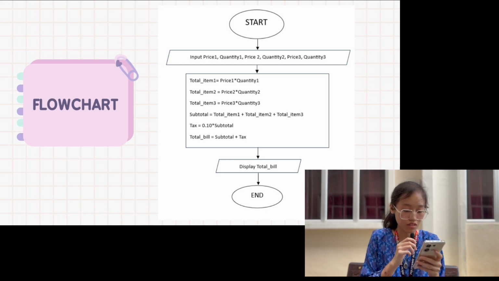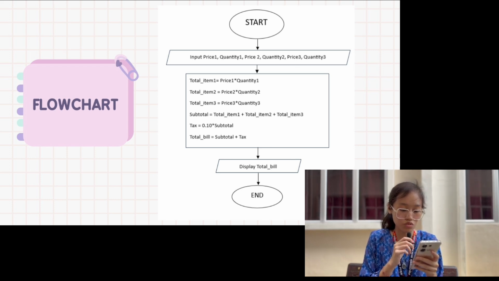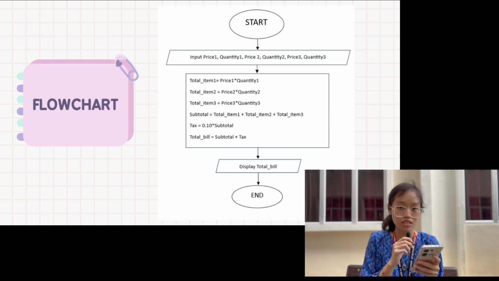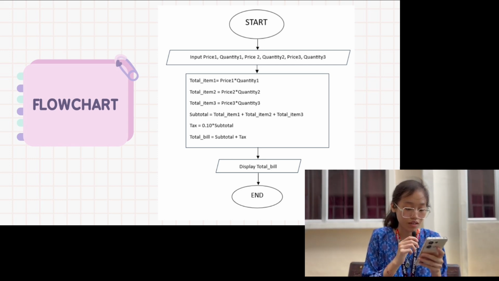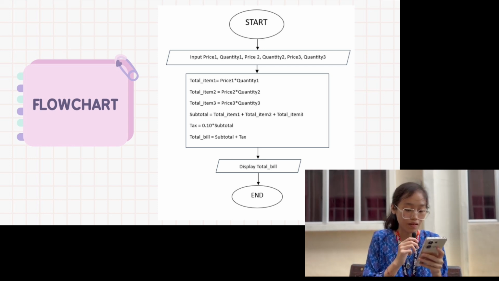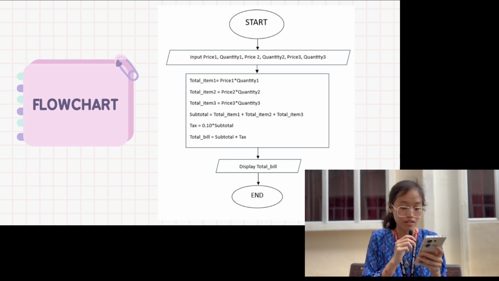For process, we will start with total item 1 equals price 1 times quantity 1, total item 2 equals price 2 times quantity 2, total item 3 equals price 3 times quantity 3, and subtotal equals total item 1 plus total item 2 plus total item 3. For tax, tax equals 0.10 times subtotal. And last, total bill equals subtotal plus tax. And for output is display total bill and end.